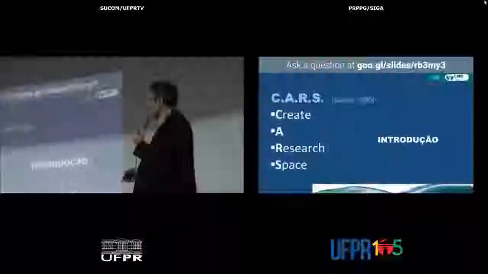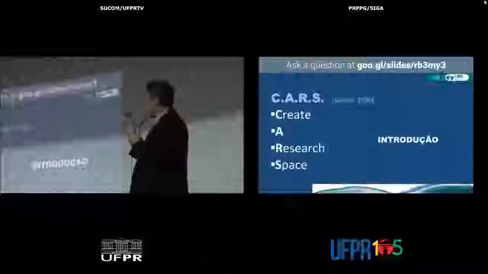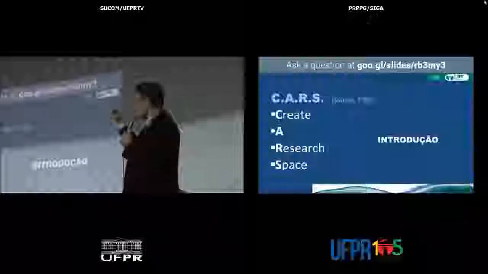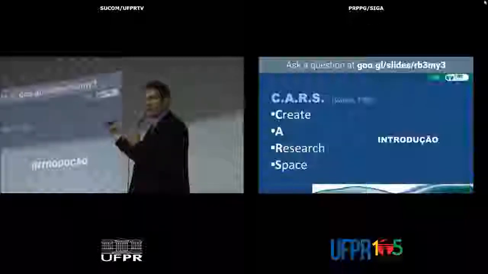And this connectedness is really important, the fact that one is connected to another. So in the introduction section, I talked about how the authors create a research space. This section is connected to the other sections that come after it, and as we'll see in a minute, even to things that come before it.